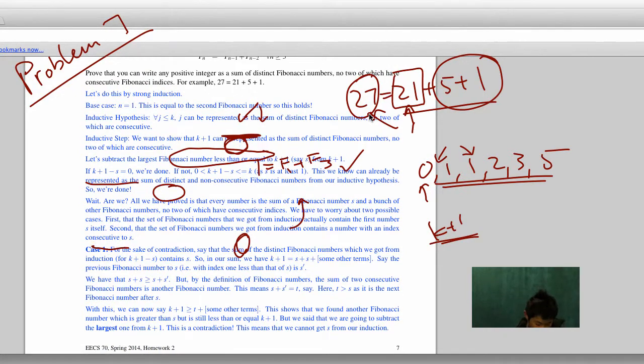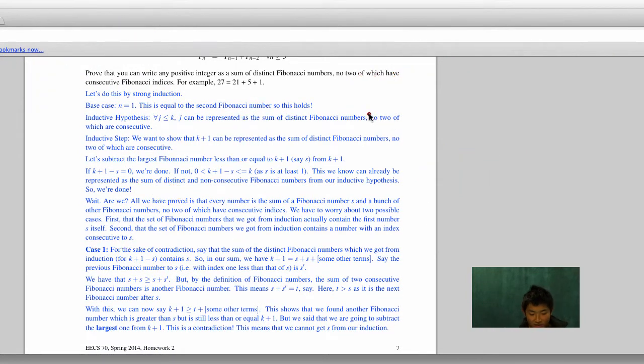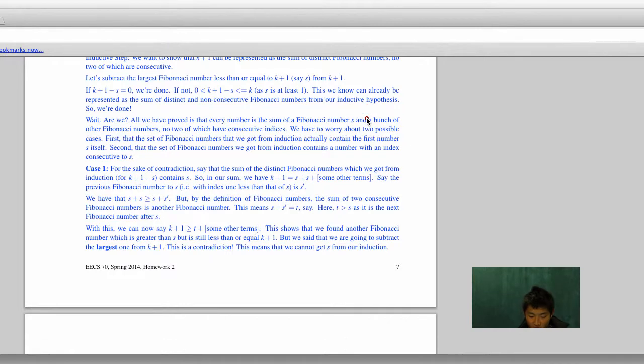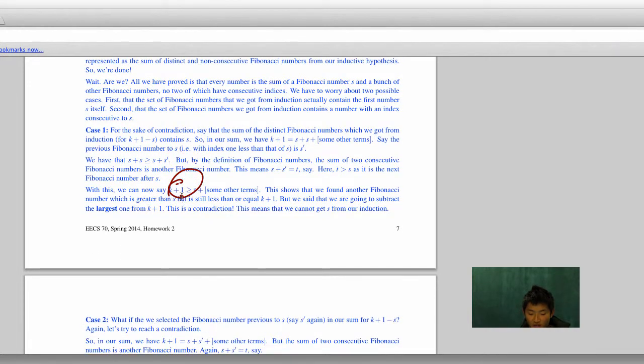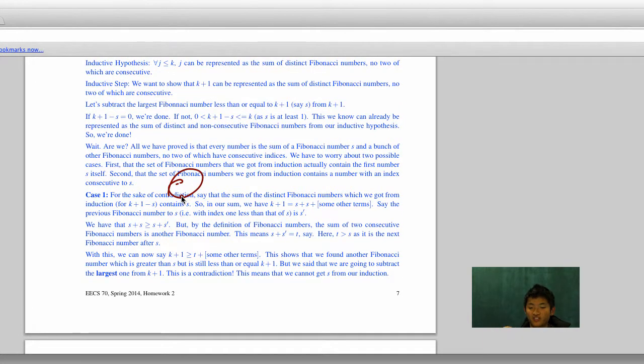Case 1 tries to prove that S is in fact included within the set of Fibonacci numbers. In order to do this, we combine two of our proof techniques, proof by cases and proof by contradiction.